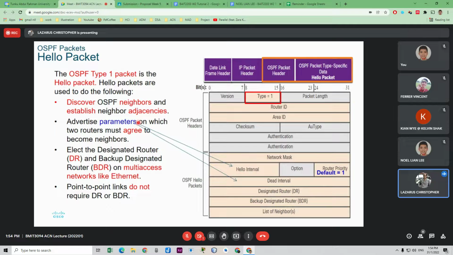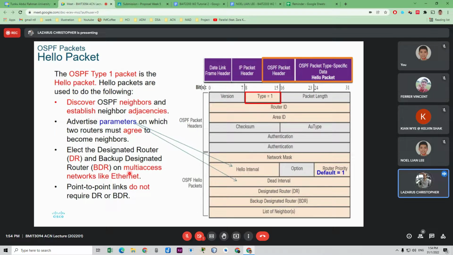The hello packet is also used to elect the designated router and backup on multi-access networks. Remember we talked about the election of the designated router, and then the second one becomes the BDR. It uses the hello packet to do that.